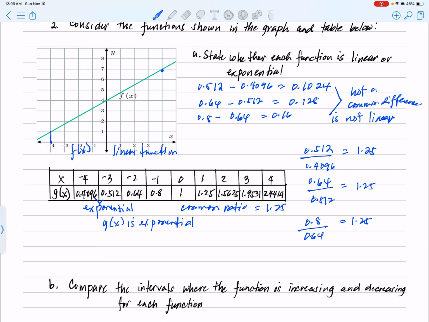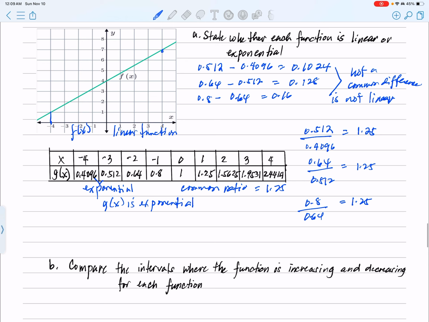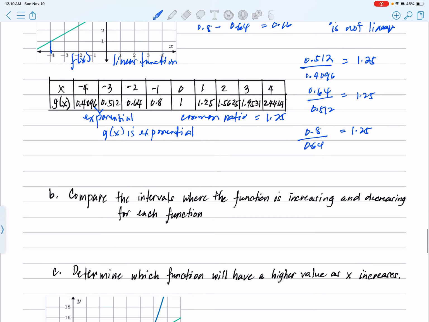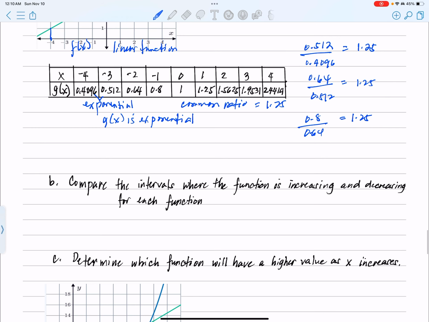It's the same thing with the exponential function: it can only increase or decrease over its domain. So we can determine whether g of x is increasing or decreasing by looking at the outputs in the table. Looking at the end behavior of the graph, we can see the y-intercepts in f of x.